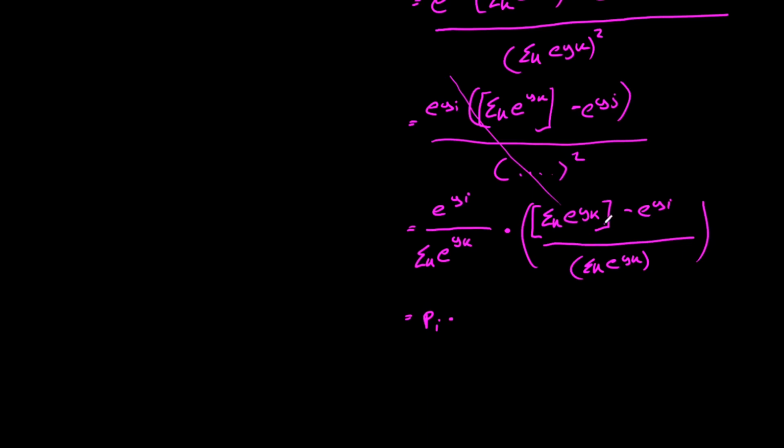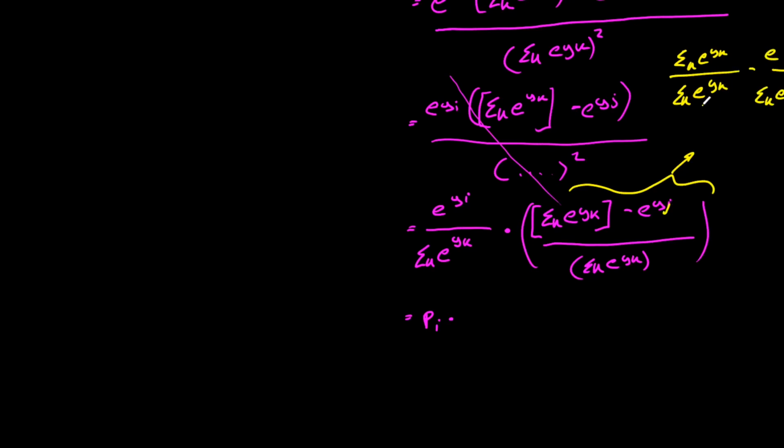This whole thing is the same as summation over k of e^(y_k) divided by summation over k of e^(y_k), minus e^(y_j) divided by summation over k of e^(y_k).